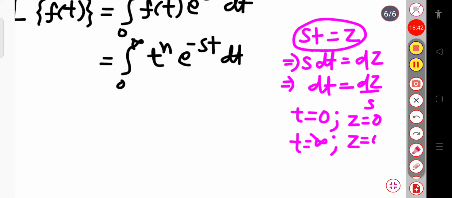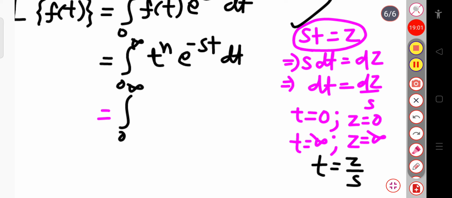Now there will be no change in the integration, so this will be equal to the integration over 0 to infinity. In place of t power n, you can see st equal to z, so t equal to z by s, so this is (z by s) whole power n. Again exponential, in place of st I will write z, so this is minus z, into dt.